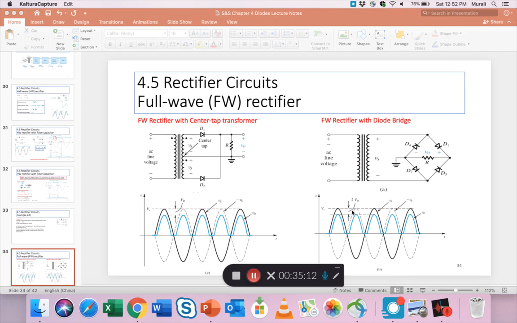So if Vd is 0.7, you're actually getting a lower value out of the bridge in terms of the peaks. Okay, so just something you need to know. Everything else is pretty simple. The blue is the output, so that's about the extent of the information on this slide.